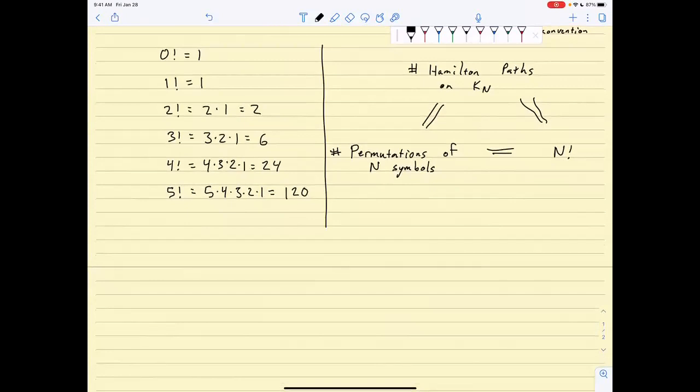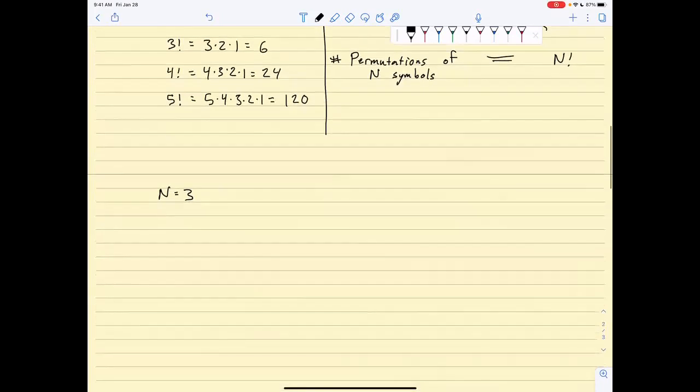Let's see this correspondence illustrated in a particular example. Let's just start with something small, n equaling 3. Let me draw my graph, K3. It's just a triangle here, right?